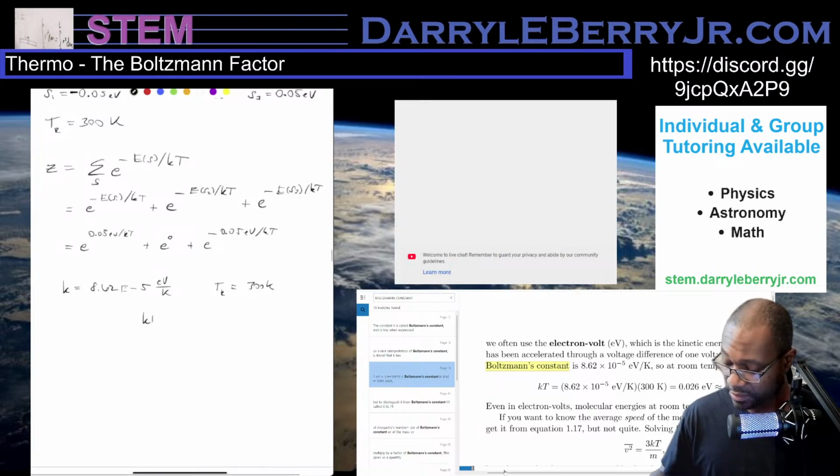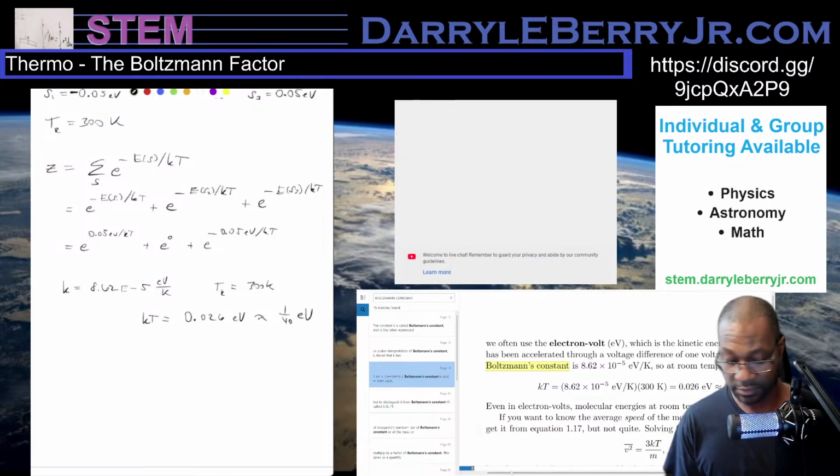So that means KT is exactly what's in this book, which is 8.62 times 10 to the negative 5 electron volts over K times 300K, which is 0.026 electron volts, about 1 over 40 electron volts.